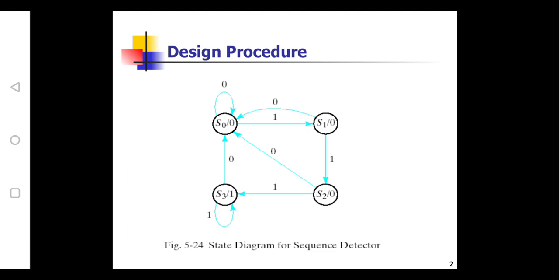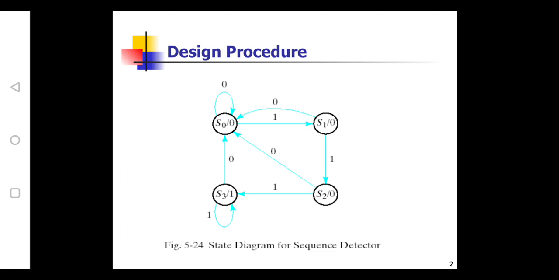That is the reason they have drawn S0 by 0. Here S0 is a state and 0 is the output for the S0 state. Similarly, S1 by 0 represents output equal to 0 for the S1 state, output equal to 0 for the S2 state, and output equal to 1 for the S3 state.